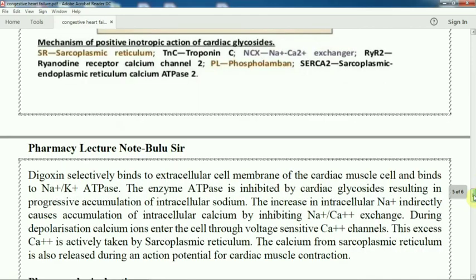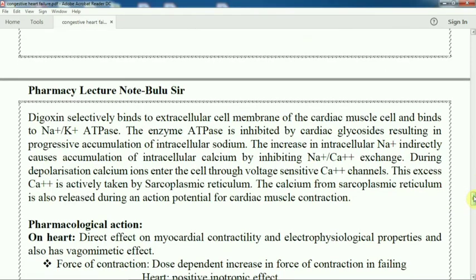See the mechanism. Digoxin selectively binds to the extracellular side of the cell membrane of the cardiac muscle cell and binds to the sodium potassium ATPase. The enzyme ATPase is inhibited by cardiac glycoside, resulting in progressive accumulation of intracellular sodium. The increased intracellular sodium indirectly causes accumulation of intracellular calcium by inhibiting sodium calcium exchange.